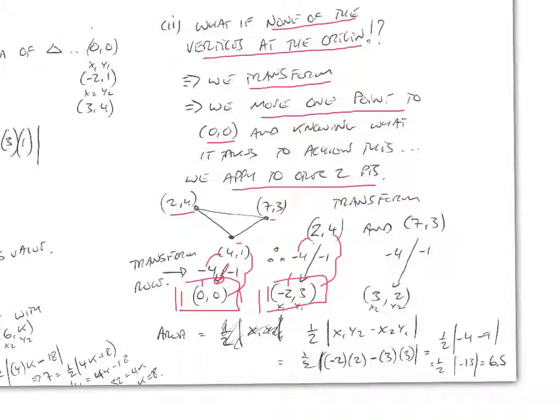And we've 7 minus 4 is 3 and 3 minus 1 is 2. And that's our third transformed point. So we've now shifted the triangle so it's anchored at the origin, and we can use these 2 points as our x1, y1, x2, y2 in our formula, and you'll find that the area of the triangle is 6.5.